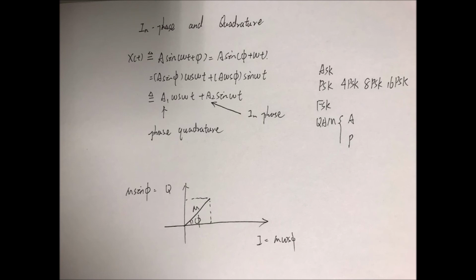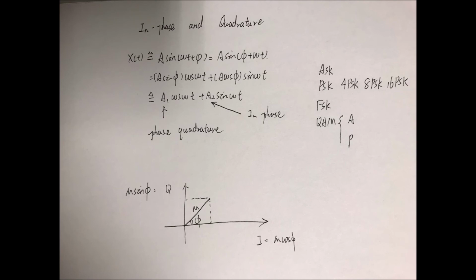This is I. This is Q. This is phi. So for example, I use cosine, sine, so I can play with my A1 and A2, so I can have my different phases.